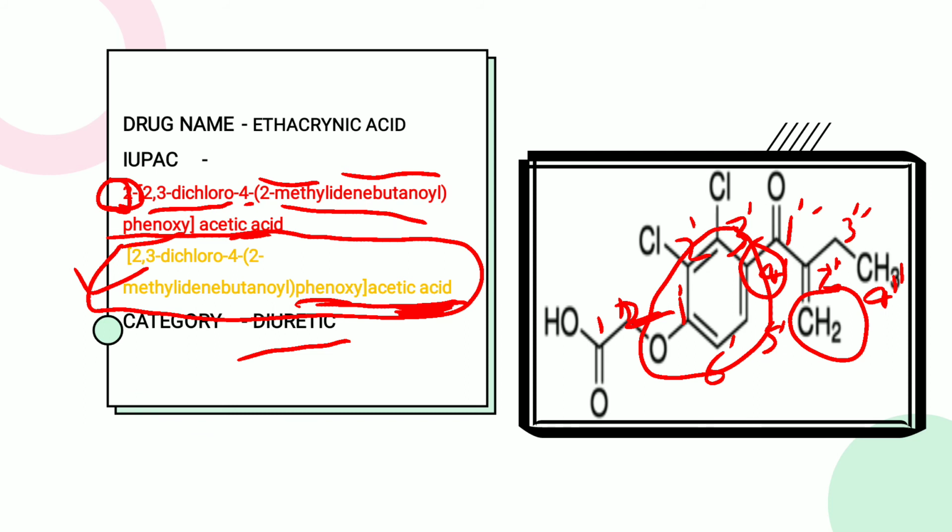Only difference is that in the second type of the chemical name the second number of the acetic acid is not mentioned. This is the structure of ethacrylic acid.